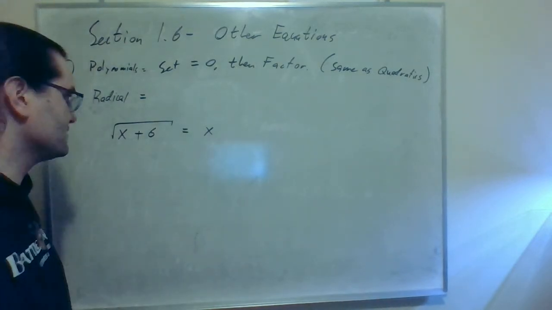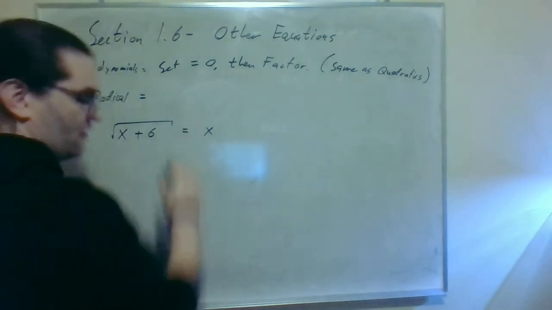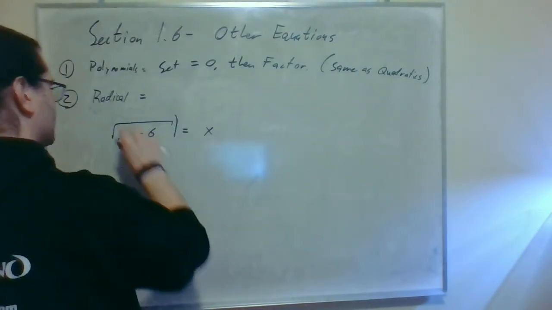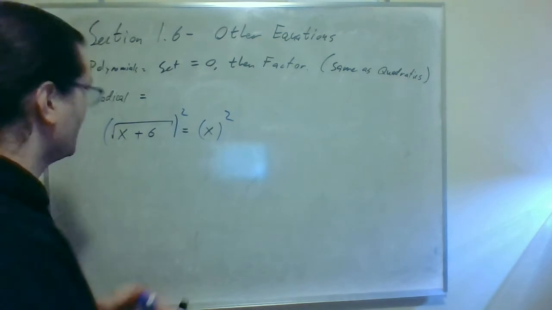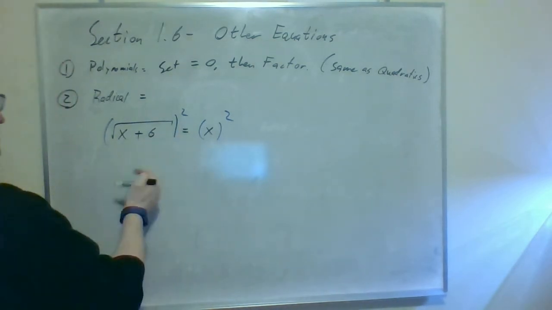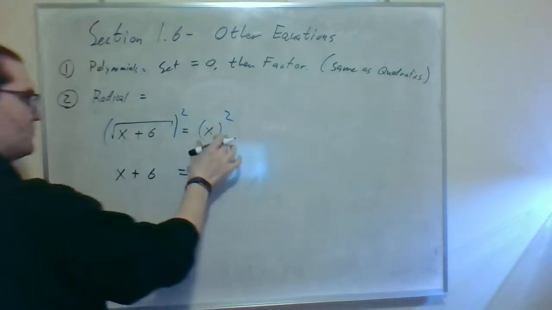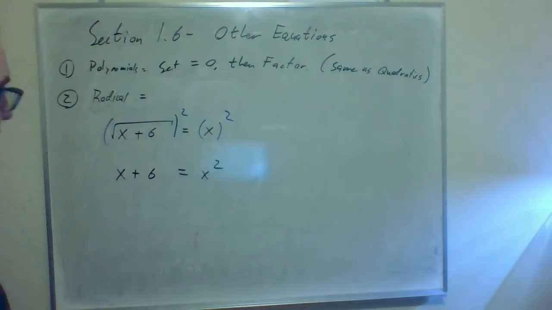For these equations, if the radical is by itself, all you have to do is square both sides. When you square the square root of a thing, you just get x plus 6. And when you square this, you get x squared. And that works out nice.